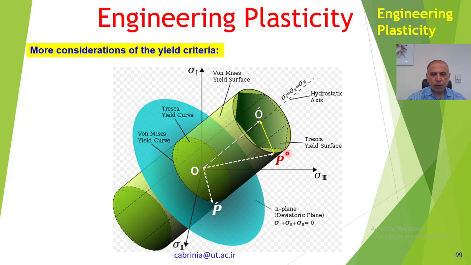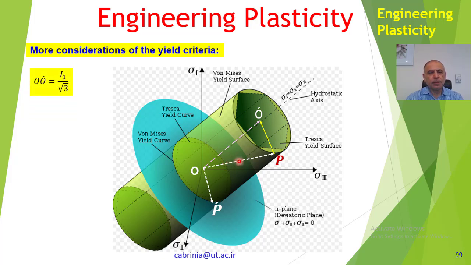As you can see, this is the deviatoric stress, this is the component of hydrostatic stress, and this is the total stress, OP. So if P comes out of this circle, yielding occurs. According to Tresca, yielding has occurred in here. And this is the pi plane.